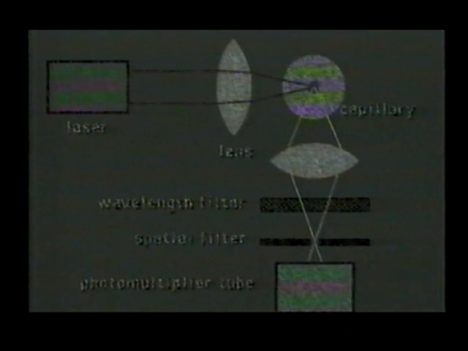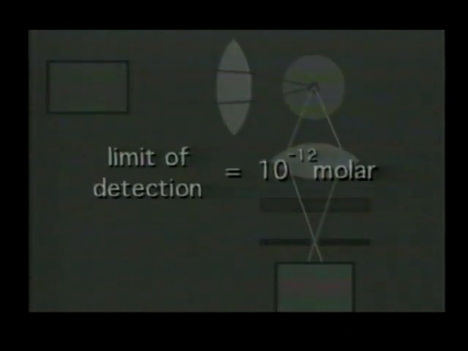Radiation from a lamp or laser source is focused onto the capillary, and the resulting fluorescence is collected after blocking out reflections and scattering from the excitation beam. Detection limits as low as 10 to the minus 12 molar have been documented for laser-induced fluorescence, but the technique is not as widely used as UV absorbance, since relatively few compounds naturally fluoresce.